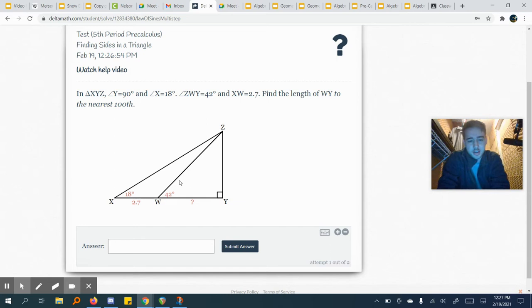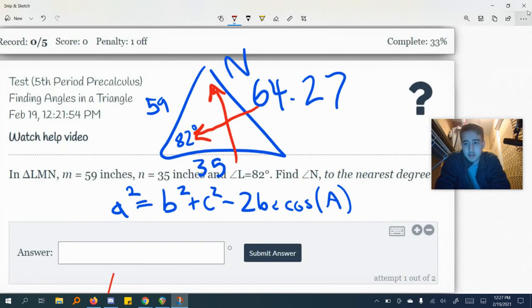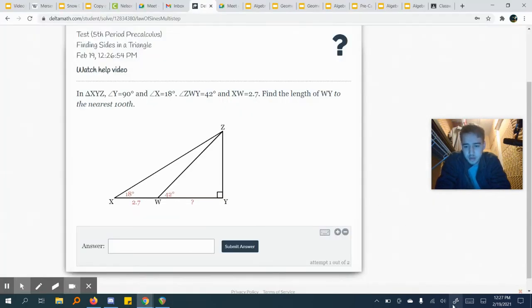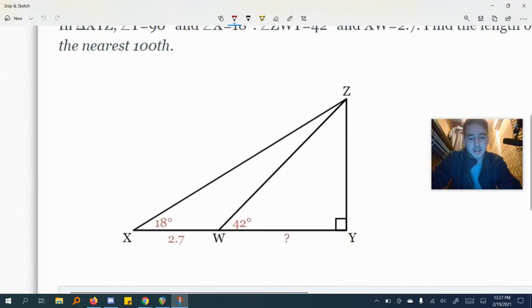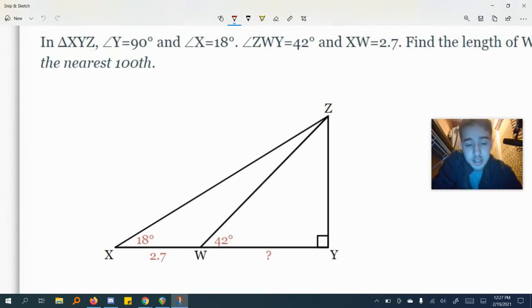So here what we want to do is, let's first label all the angles here. So I'll get rid of this problem, make a new one, and we have, let's plot the angles. The other side of the 42 is going to be 138, which means the third angle in this little triangle is going to be 180 minus those two, so I think 24.